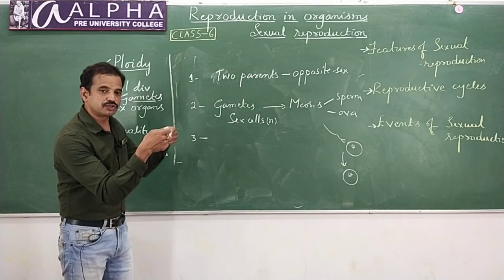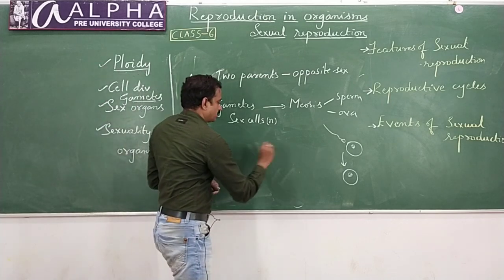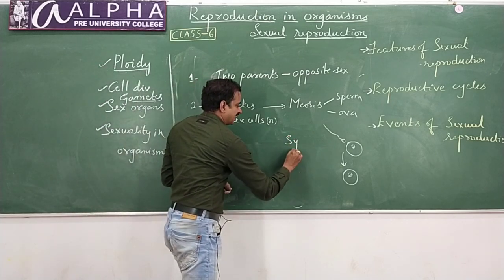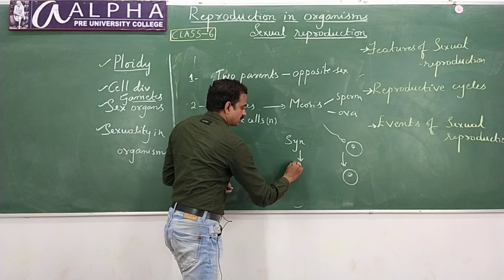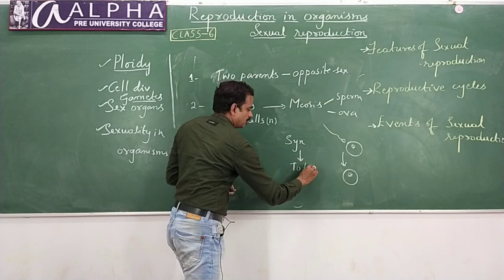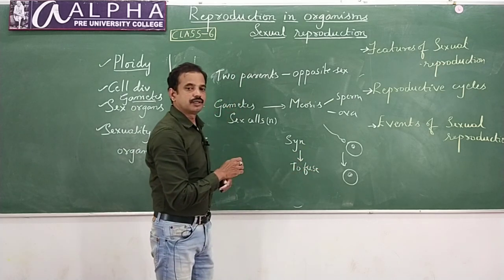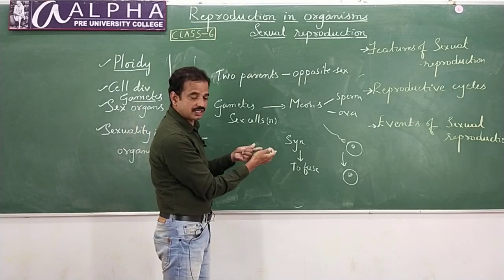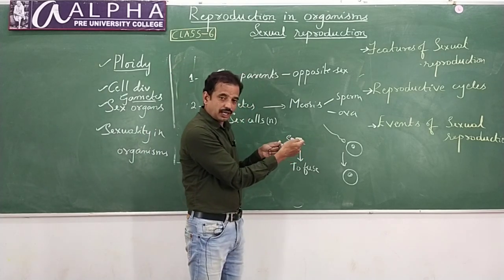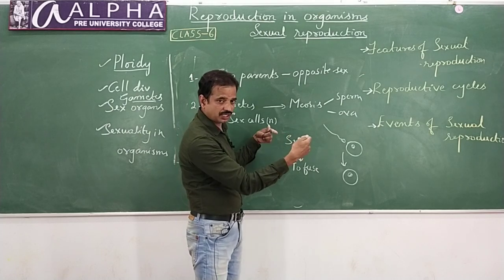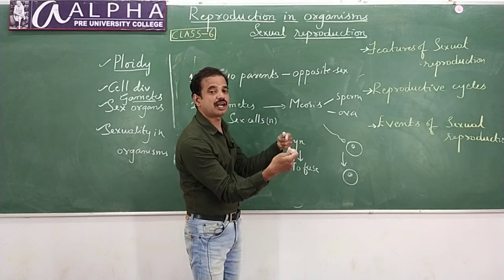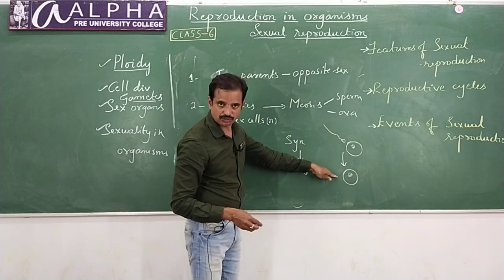The process of fusion, we use the word syn. Syn means to fuse. What are those cells which are undergoing fusion? These gametes are undergoing fusion to produce a zygote.